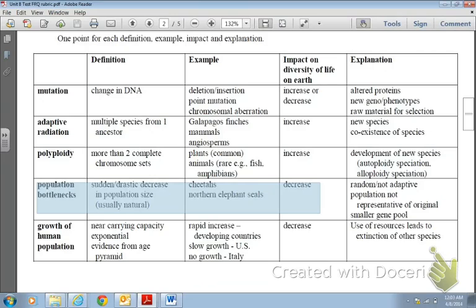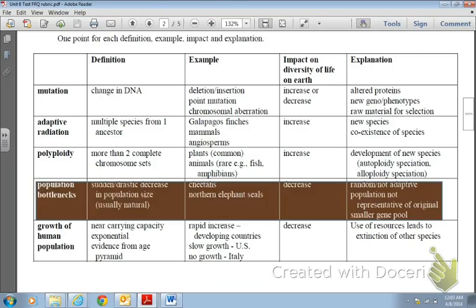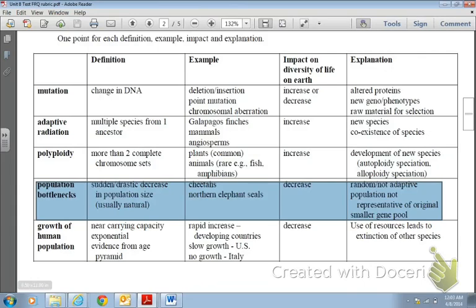That would decrease variation. Okay, so bottleneck is going to be random, like the monsoon. The new gene pool is smaller and the population is smaller, so you may have gotten rid of all of one trait.